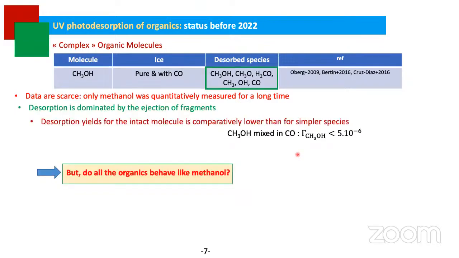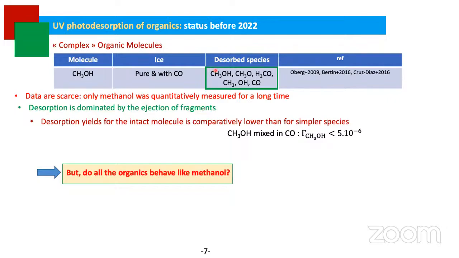Second, as you see, because this kind of organic molecule breaks quite a lot, you will end up with a collection of molecules which will desorb. Some are stable molecules, some are radicals, and all can be measured during the desorption. Problem as well is that if you're only interested in the desorption of the intact molecule, the yield that has been found for methanol is extremely low as compared to the typical photodesorption yield you would find for more simple molecules.